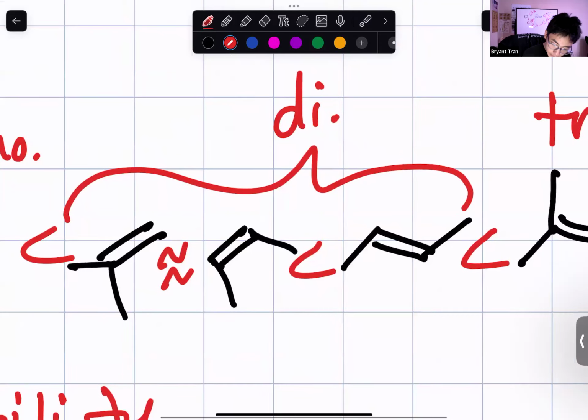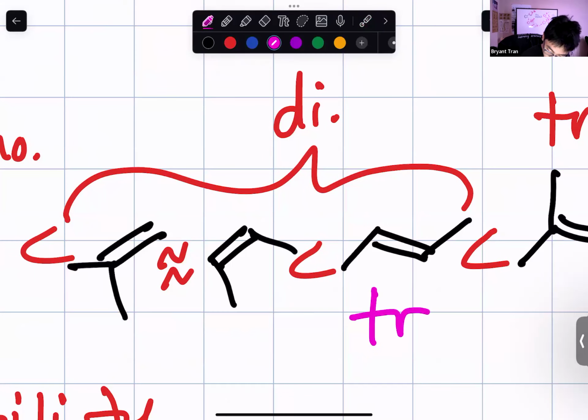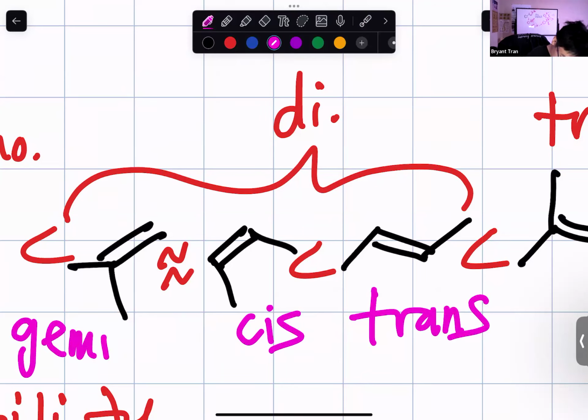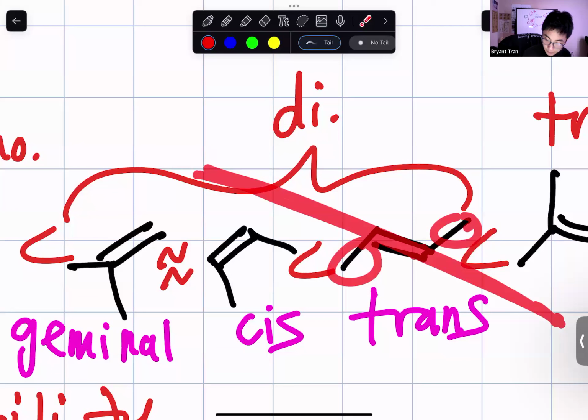where I'm going to look at the di-substituted ones more closely because this one here is a trans alkene, this is a cis alkene, and this is a geminal alkene, right? For trans alkene, the two R groups are on opposite carbons of the alkene, different carbons, and they are on the opposite side of each other in reference to the alkene line, right?